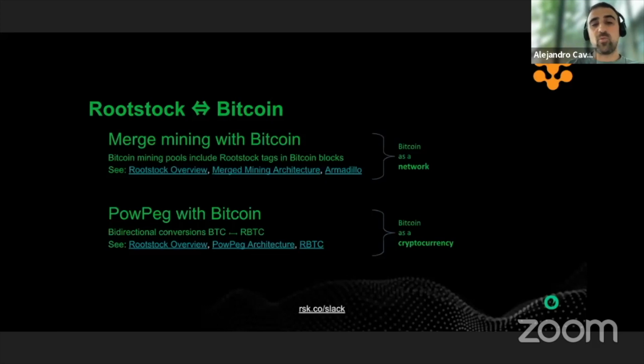You can do what we call a peg-in, going from Bitcoin to smart Bitcoin, and a peg-out, going from smart Bitcoin to Bitcoin. The conversion is always one-to-one. The only thing one pays is the transaction fees, no more than that. PowPeg comes from proof-of-work peg, of course.